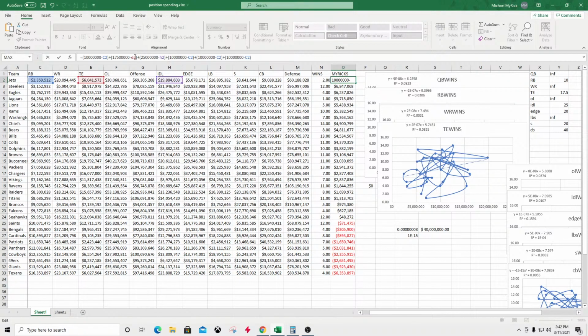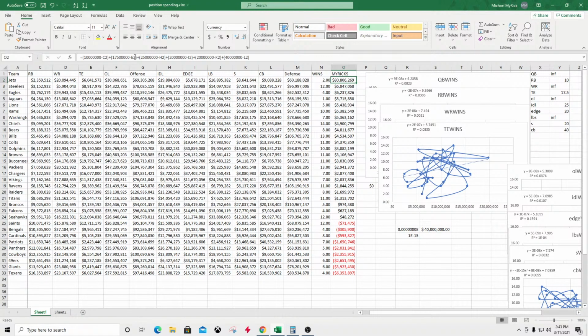The next one is edges, they're 20 and they are I's. Safeties, they're 20 and they are K. And corners are 40, and corners are L.